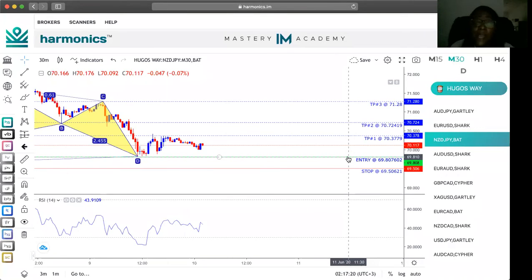And once it hits that price level, it's going to either go up or down. And right here is telling us that we're in for a buy. So we enter in at 69.8, going into 70.37 as our take profit. Is that clear? Yeah, gotcha. Okay. Anybody else got any questions so far?